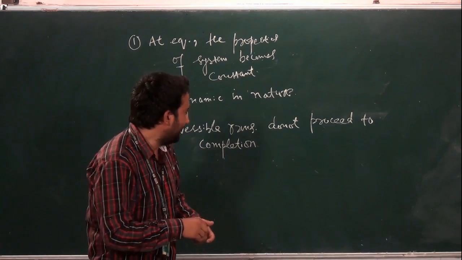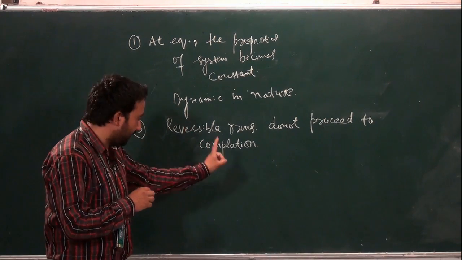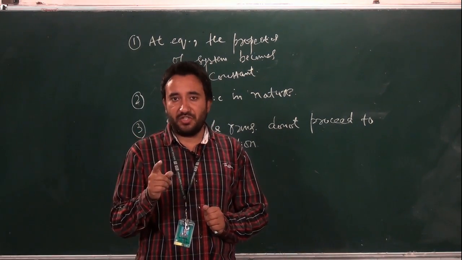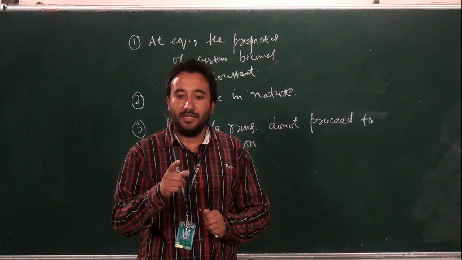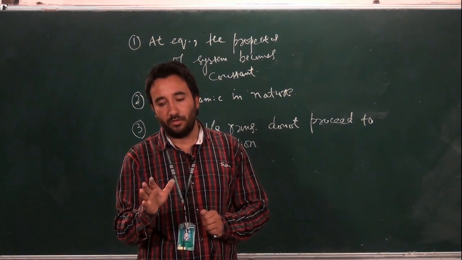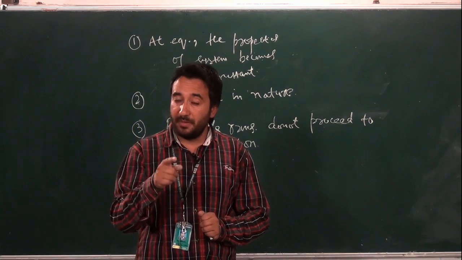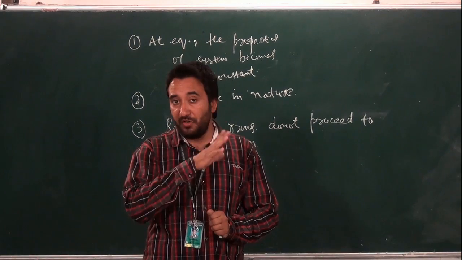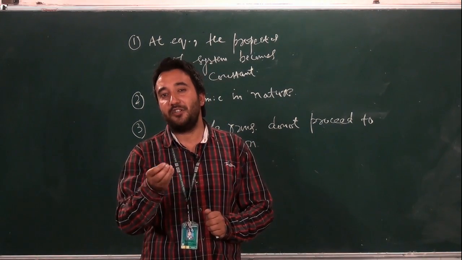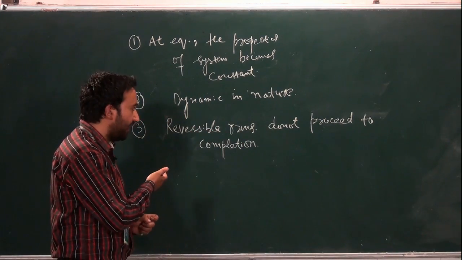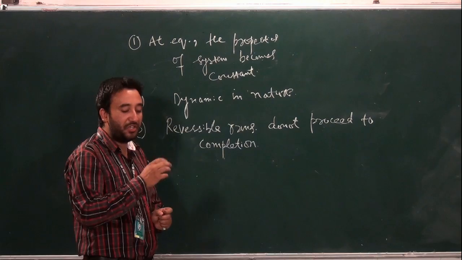At equilibrium, the concentrations of the reactants and products remain the same because the rate of forward reaction becomes equal to the rate of backward reaction. So that's why these reversible reactions do not proceed to completion.